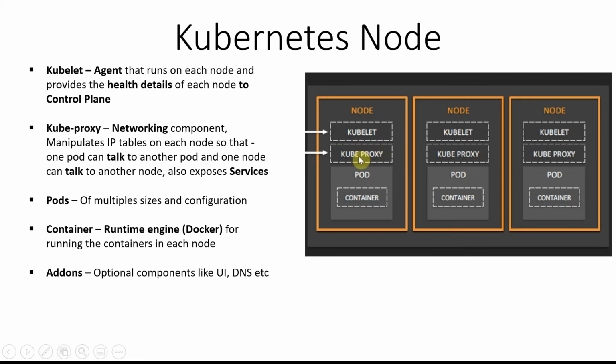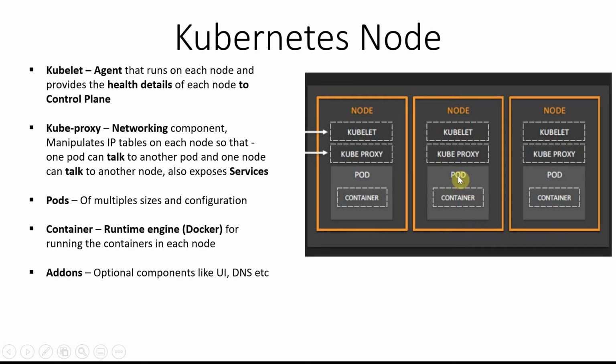Kube-proxy, from the name proxy, means a networking component, which primarily manipulates the IP tables on each node so that one pod can talk to another. I mean, if this pod in this node wants to talk to this pod in another node, it's just like another application deployed in another VM.